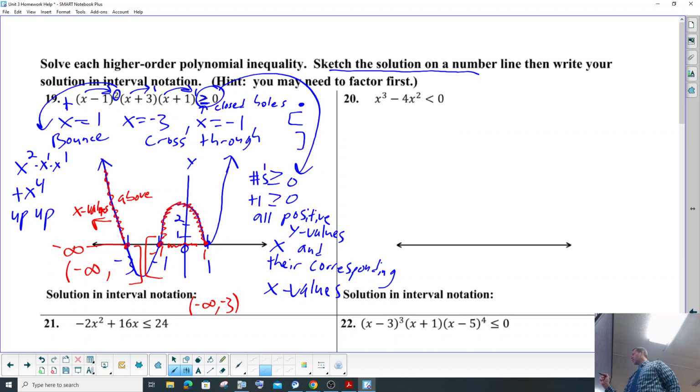Those are all positive above the x-axis values that are greater than or equal to 0, or equal to. So that means equal to. We got to change it to a bracket. In union with brackets, negative 1 to 1. Those are all above the x-axis.